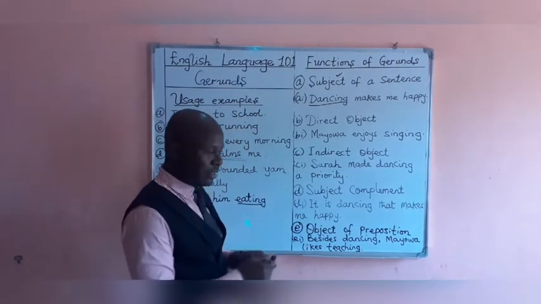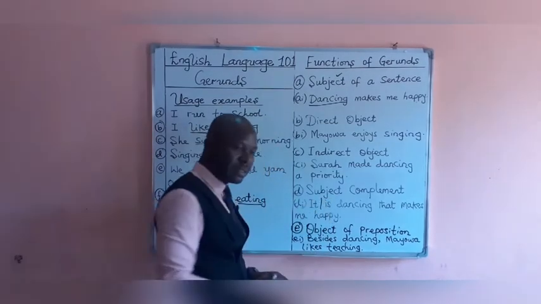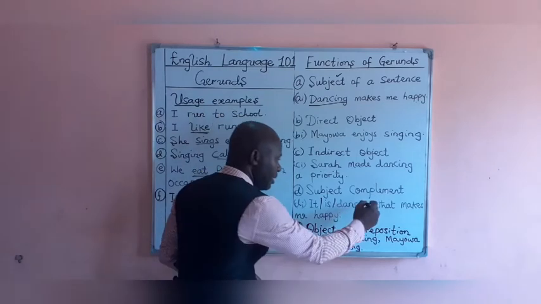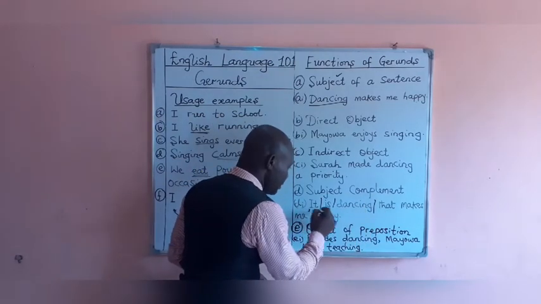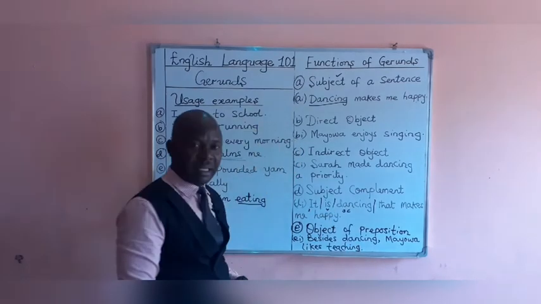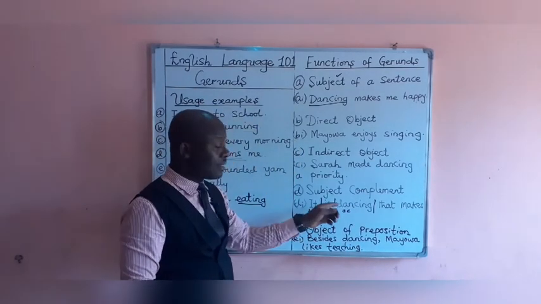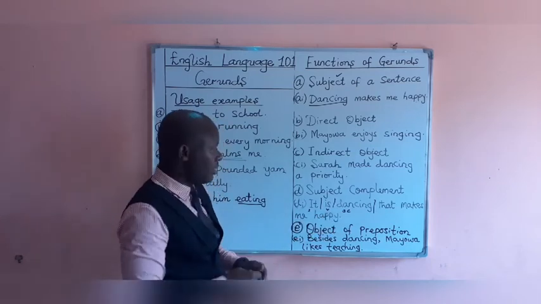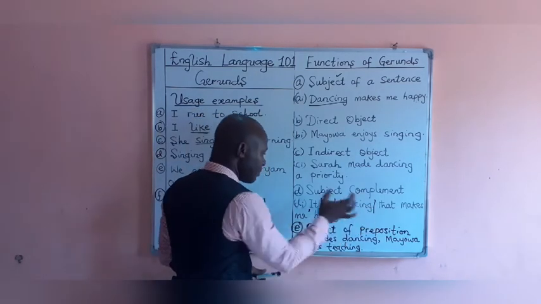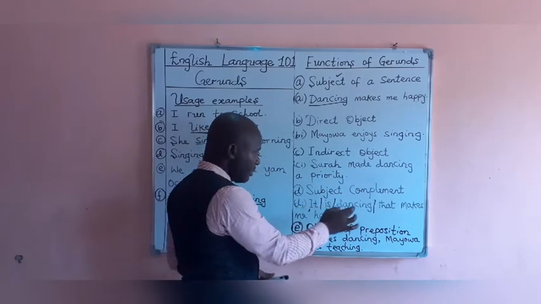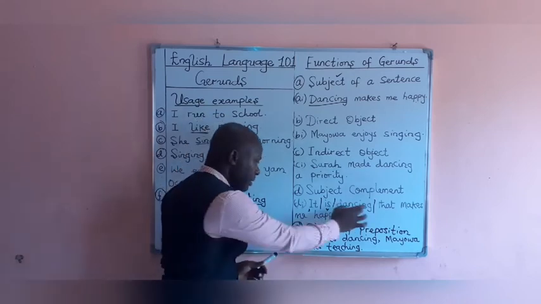If you want to divide this now, it is the subject. Is the verb. Dancing, we have subject, we have verb. This is the subject complement, SC, because dancing is the same thing as it.